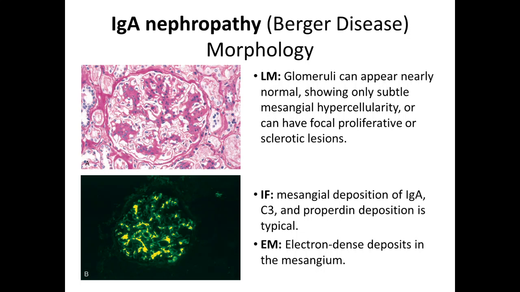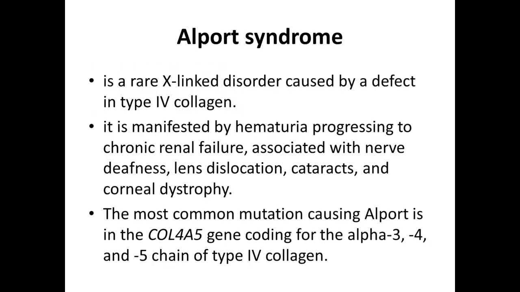Light microscopy of this nephropathy shows glomeruli that can appear nearly normal, showing only subtle mesangial hypercellularity, or can have focal, proliferative, or sclerotic lesions. The immunofluorescent picture gives us mesangial deposition of immunoglobulin A, C3, and properdin, which is typical. Here you can find the yellowish and greenish zones with localization of these components. Electron-dense deposits in the mesangium we can see on the electronograms.